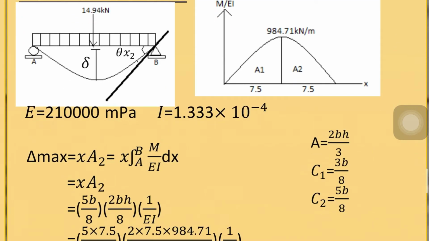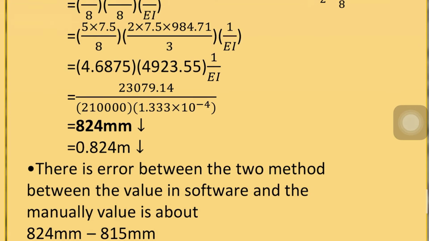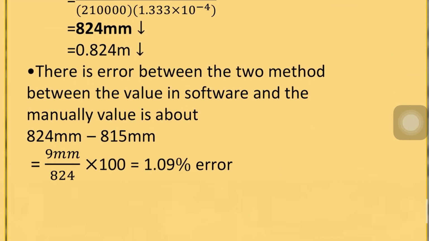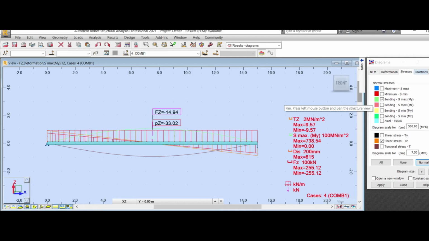We are also using the moment area method to define the deflection of this bridge, and we get a different value of 824 millimeter, and the error is 1.09 percent from the manual. Alhamdulillah, the answers are nearly the same for the software and also the manual answer.